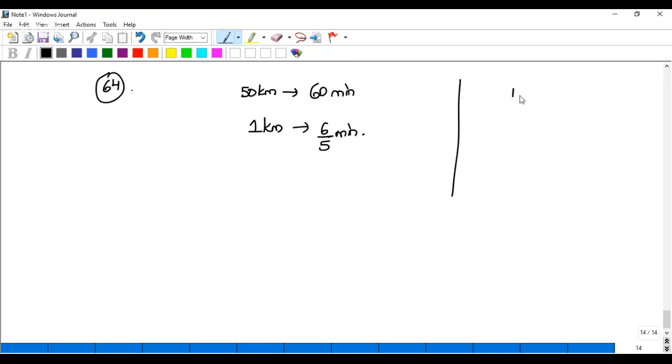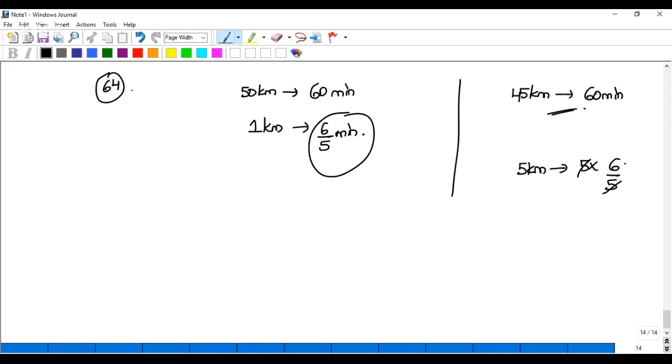With stoppages, the train is traveling only 45 kilometers in 60 minutes. So there is a decrease of 5 kilometers. So 5 kilometers here, if I multiply, it is 5 into 6 by 5. So there is a stoppage of 6 minutes.